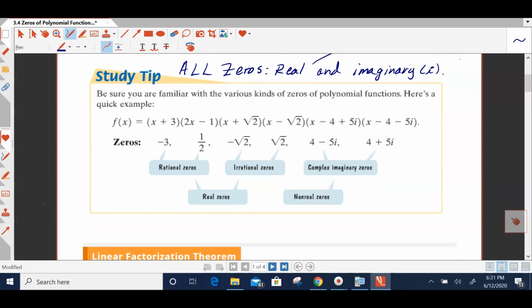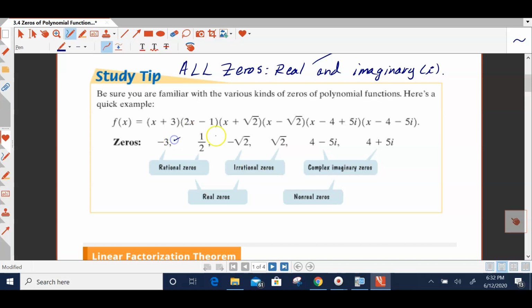So here we've got just an integer value, that's a zero, also called a rational number. Here, 1/2 is a rational number, so these two are rational zeros, which fall under the real zero category. We may come up with irrational zeros. You've seen those come up before. Irrational zeros involve that square root. Irrational just means that the decimal goes on and on forever, and it never stops. It doesn't repeat, it doesn't stop.